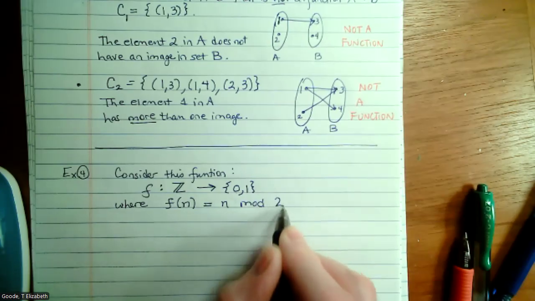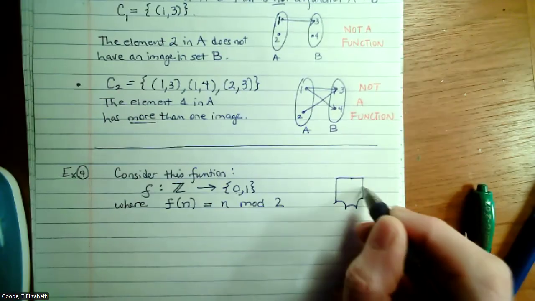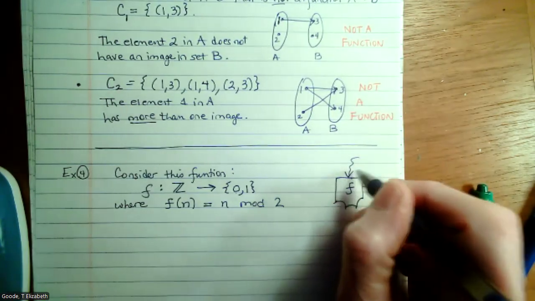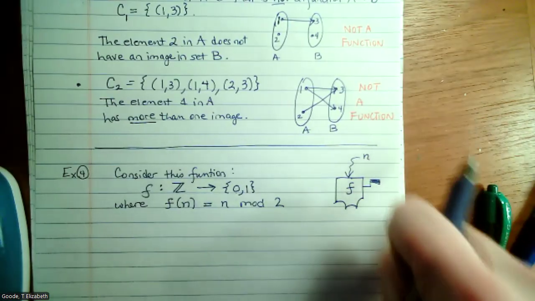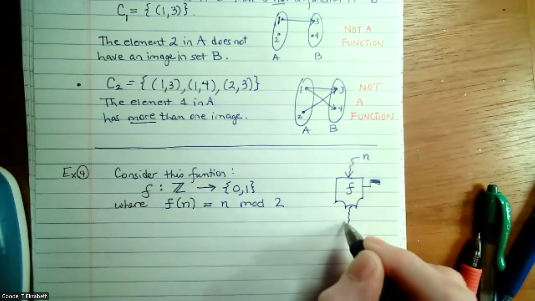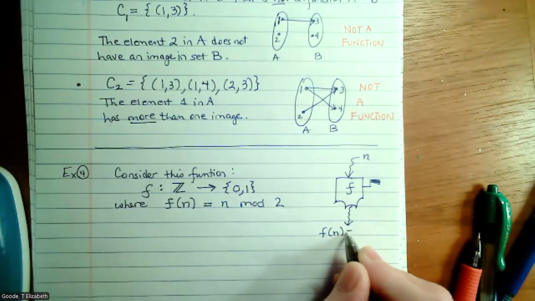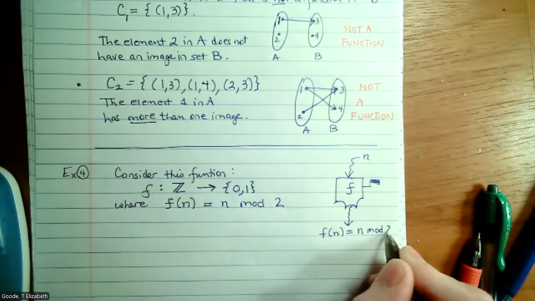In other words, you drop in an integer to this function. I like to think of functions as little machines. You drop in a domain element, and then you crank on it, and out comes the image, f of n. But here, f of n is whatever the remainder is when we divide n by 2.